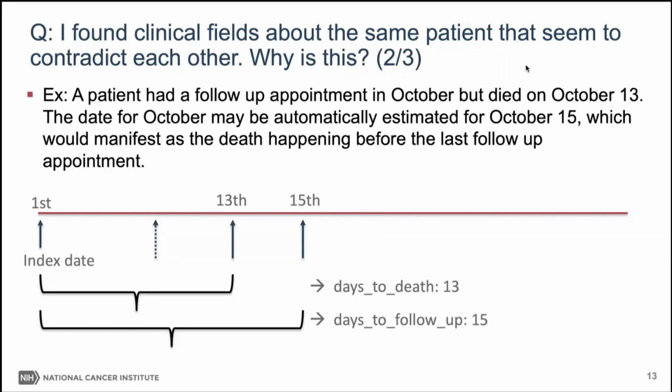In this case, what you would see in the actual data is the days to death as 13, as in 13 days after the index date, which is a lot of times diagnosis. And the days to follow up would have a value of 15. So in this case, it might look unusual that a follow-up happened after the death date, but this is just an artifact of how some clinical data is collected.